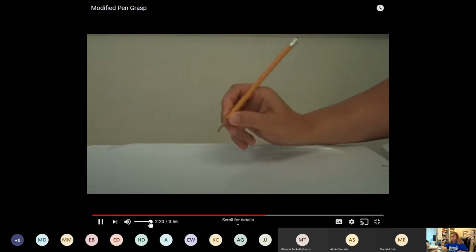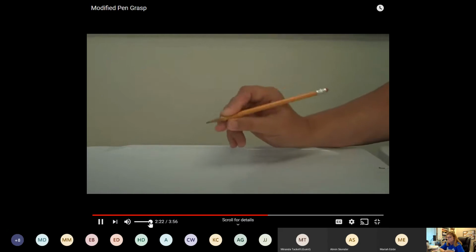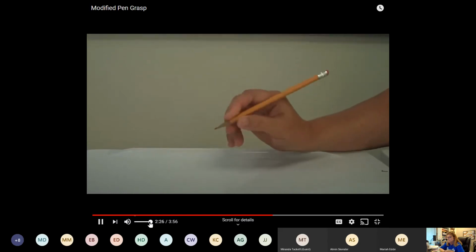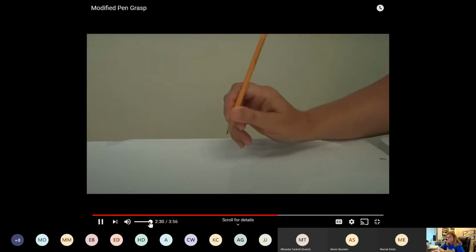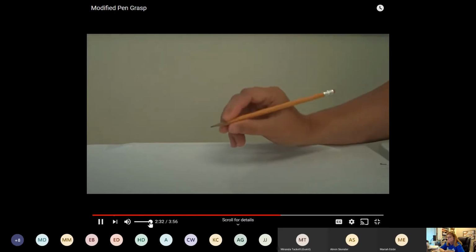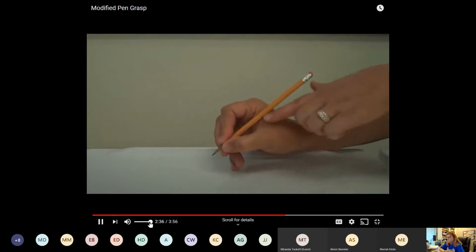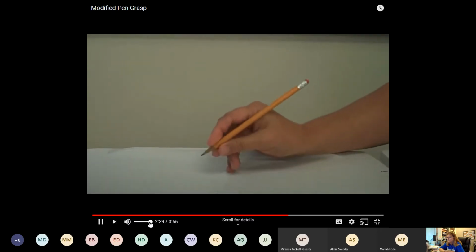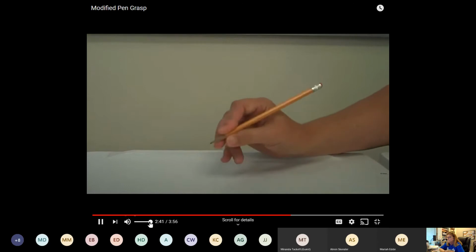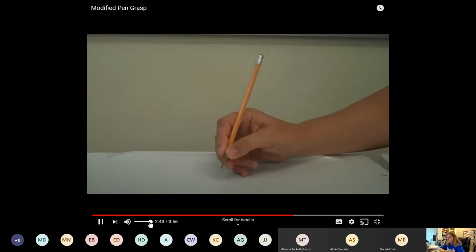A good exercise is getting yourself to roll those fingers and get that pencil to come up. You can do it with your pens or your pencil, just to get in the habit of rolling that up so that it's not resting back here in the natural position that we write in. When we are doing instrumentation, we want to have that handle up. So this is your modified pen.